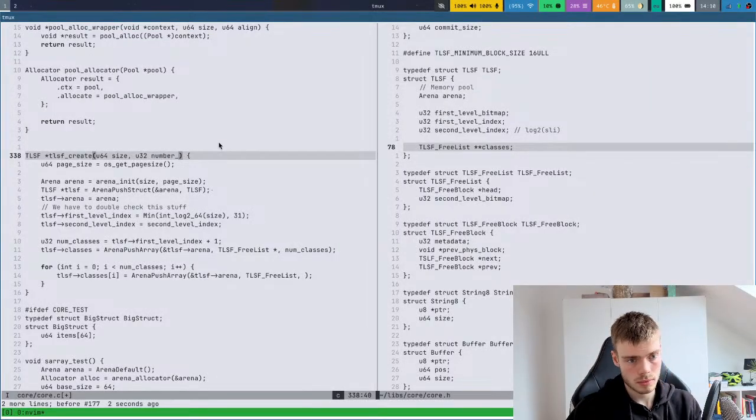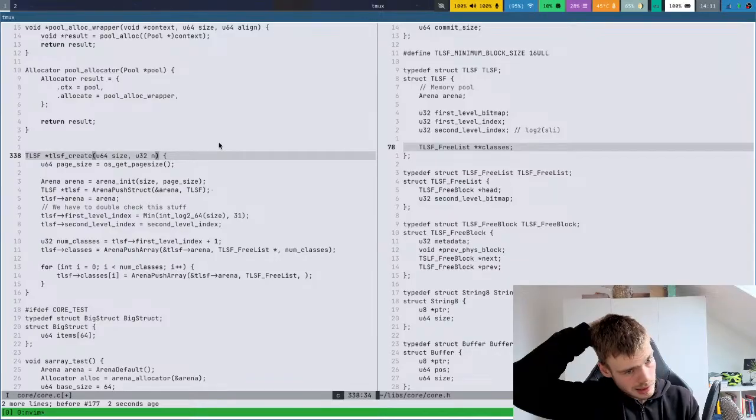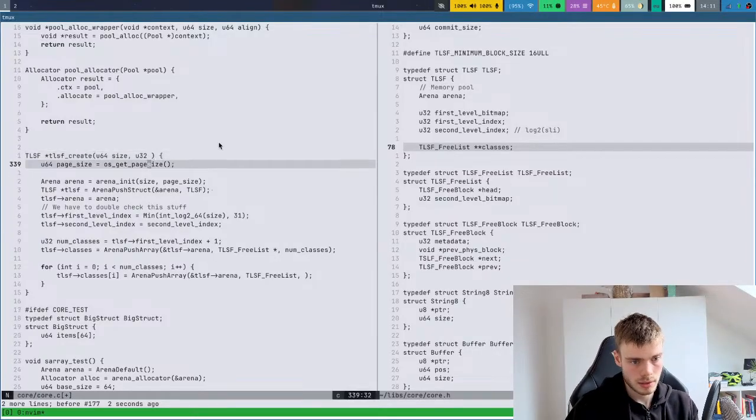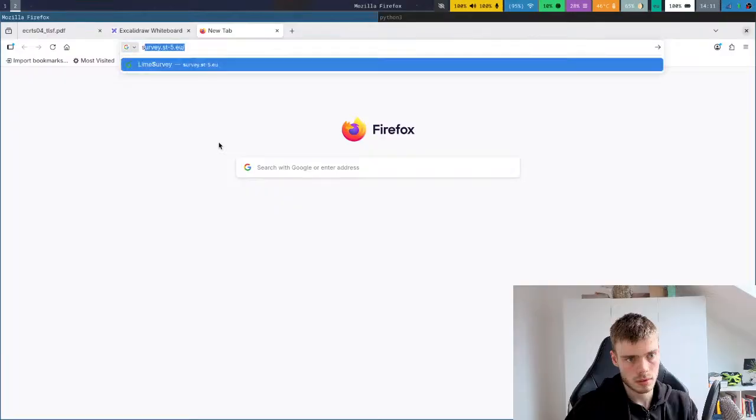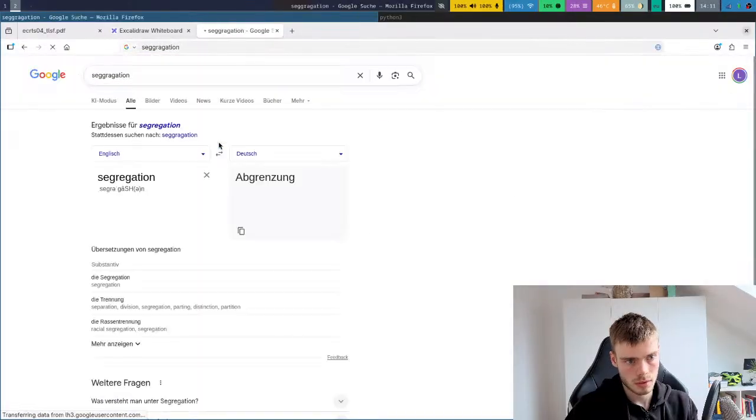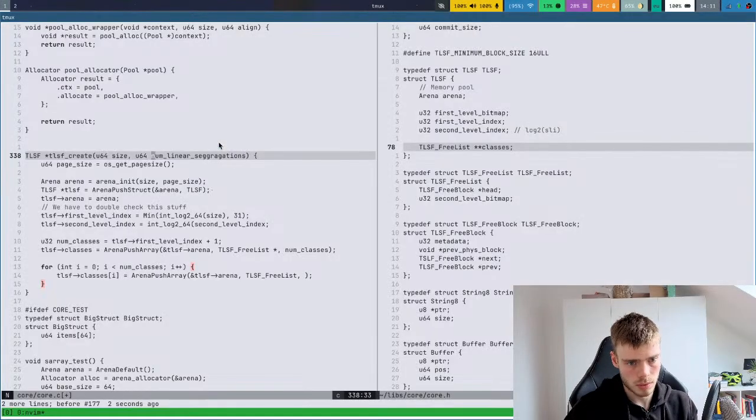Number linear seg second level. Yeah, I don't know. And then we do int log2 for linear segregation like this.